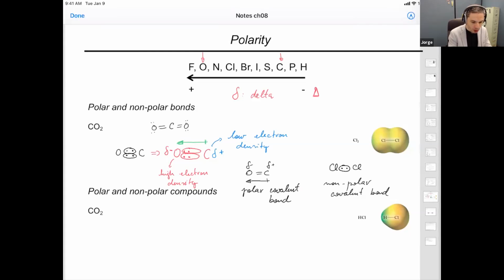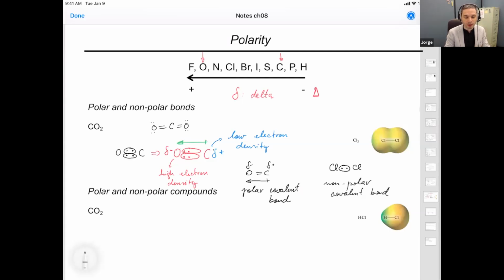Therefore, we are polarizing the covalent bond, and we indicate that polarization by the vector in green, pointing from the carbon towards the oxygen. And therefore, here we have a polar covalent bond.